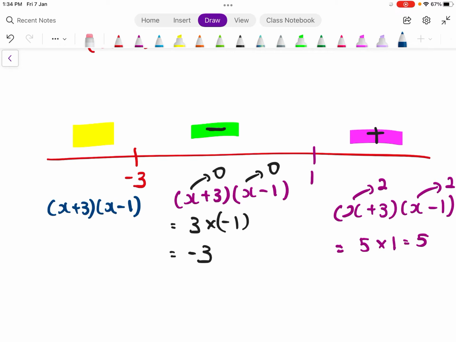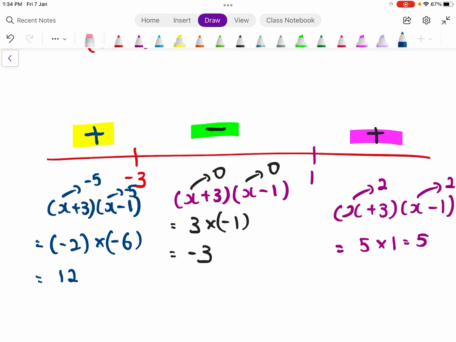Maybe I substitute in negative 5. You will get negative 2 times negative 6, so it's a positive 12, because negative times negative is positive. The number is not important, I just want to know the sign. So you'll get a positive.